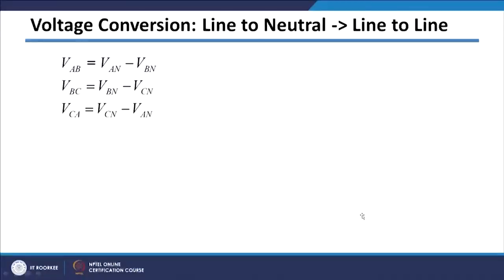So let's see first the conversion, that is line to neutral to line voltages. If you want to convert line to neutral to line voltages, we know that the line to line voltage VAB we can write as VAN minus VBN. Similarly VBC is VBN minus VCN, and VCA will be VCN minus VAN.